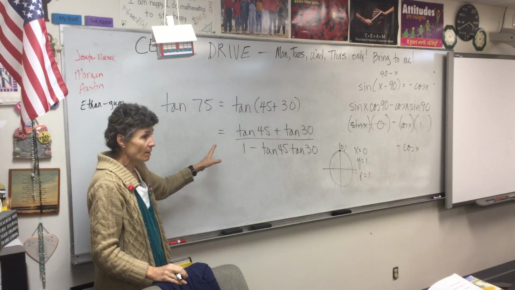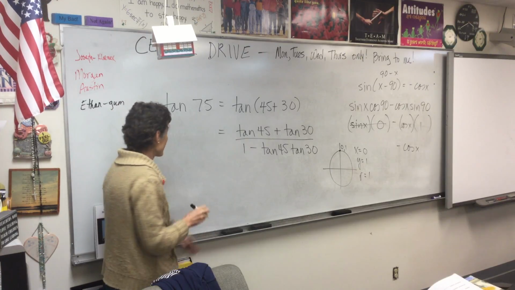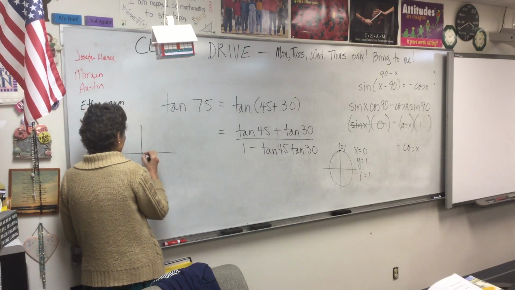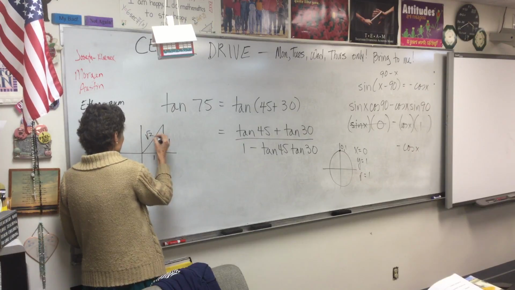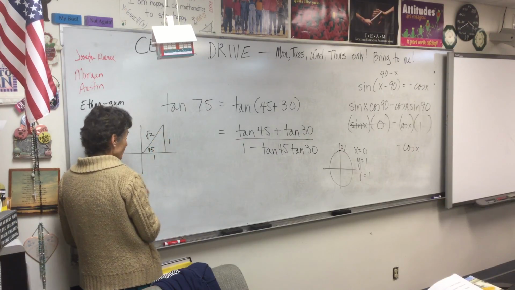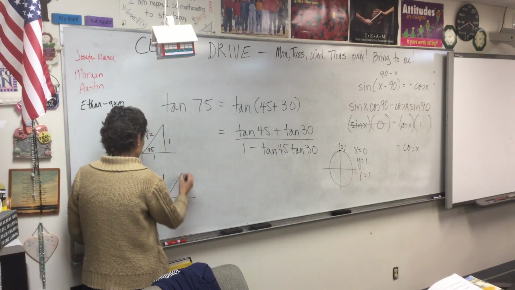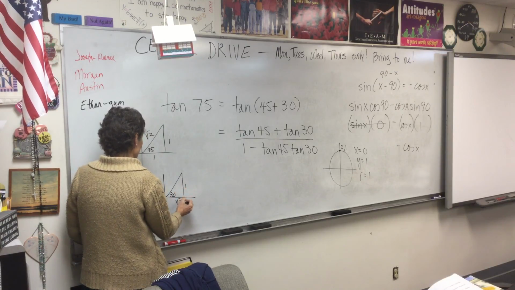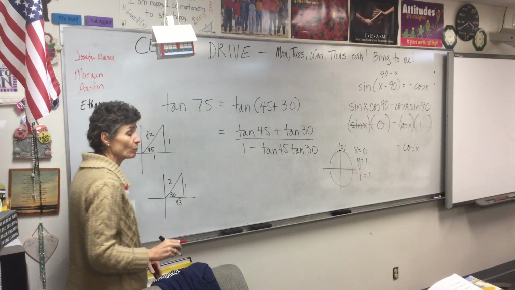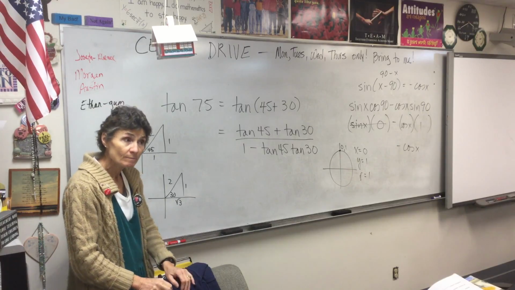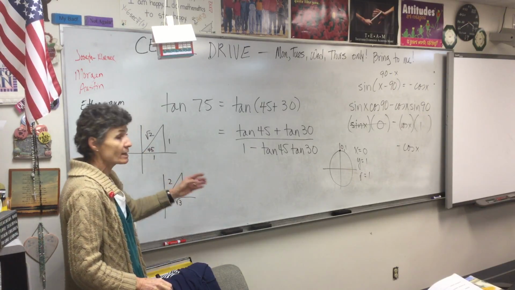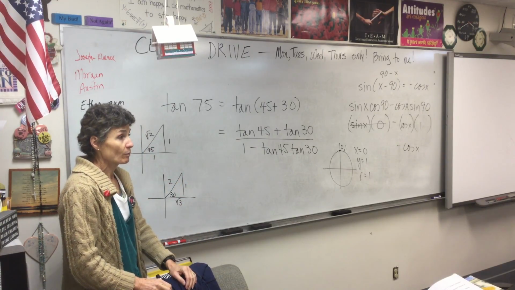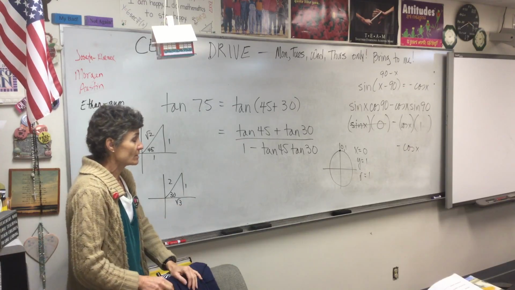I got to plug in some numbers now. The numbers I'm going to plug in are the tangent of 45, so I'm going to draw my 45 degree angle, and the tangent of 30, so I'm going to draw my 30 degree angle. Now I don't have to worry about anything being negative because 45 and 30 are both in quadrant 1.